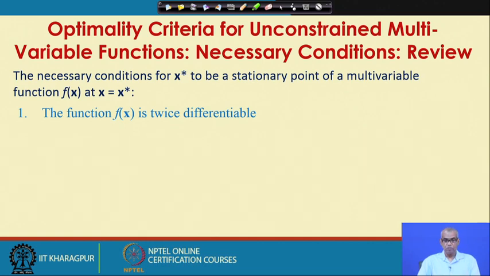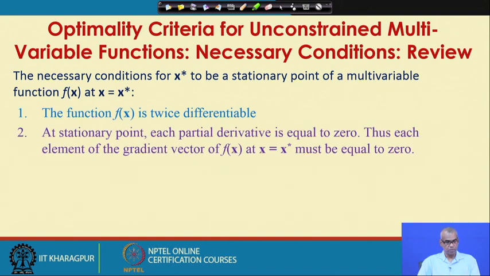So, both the first derivative and the second derivative at x star are required. At a stationary point, each partial derivative is equal to 0. Thus, each element of the gradient vector of f(x) at x equal to x star must be equal to 0. So, if you have a two variable function, del f del x 1 equal to 0, del f del x 2 equal to 0. So, that is the necessary condition.